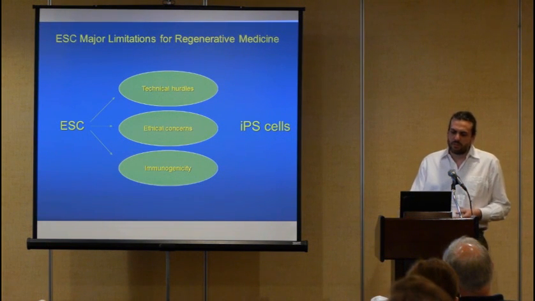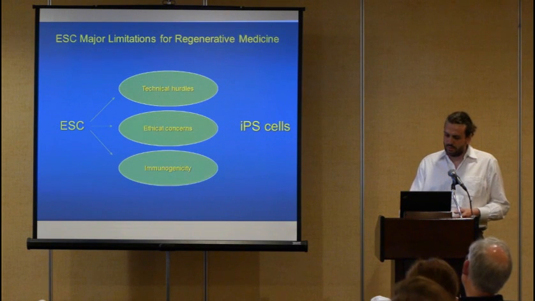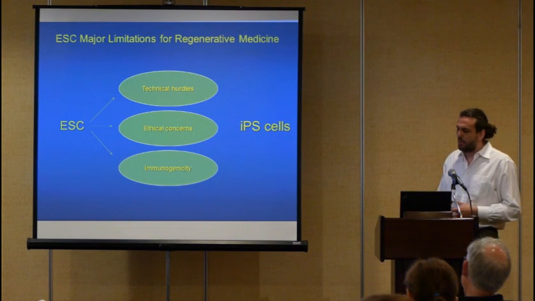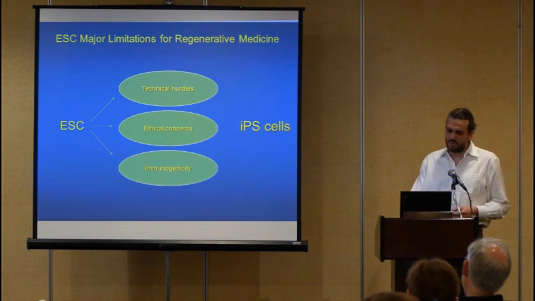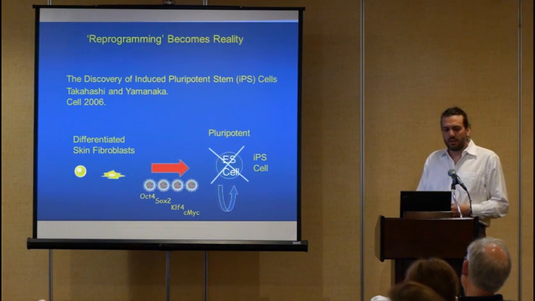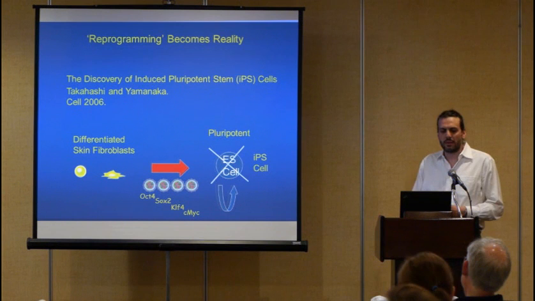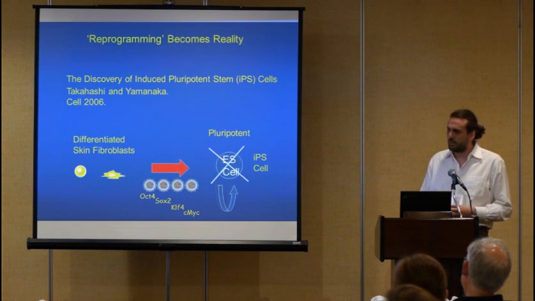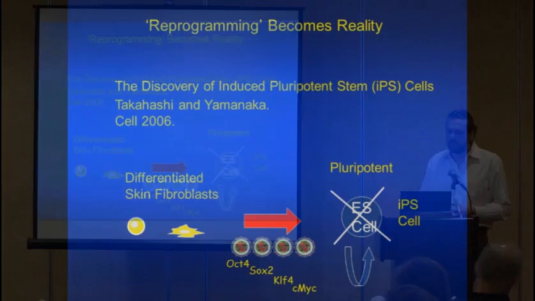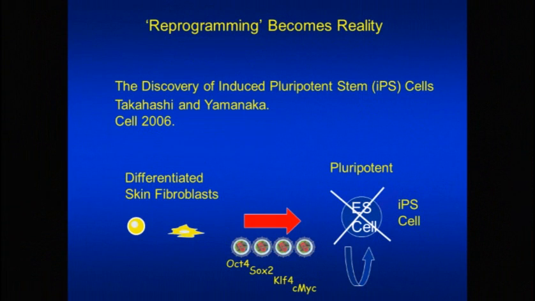The way to address these issues came about 6 years ago with the development of the induced pluripotent stem cell system. So what is this? Six years ago, a group in Japan, headed by Yamanaka, discovered that we can take somatic cells, for example differentiated skin fibroblasts, and infect them with viruses encoding transcription factors.